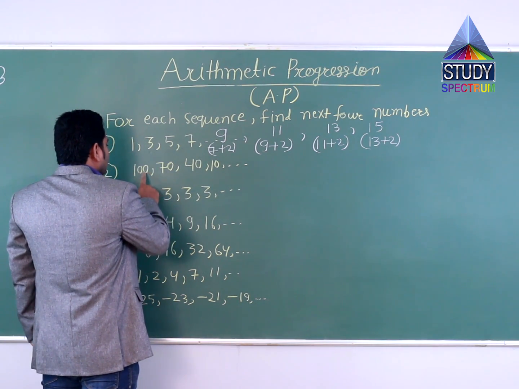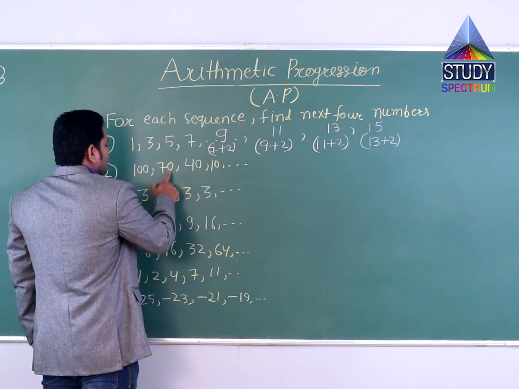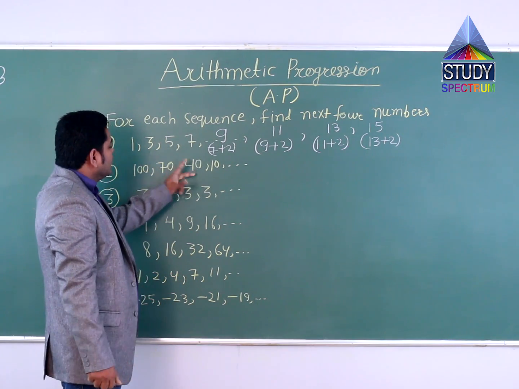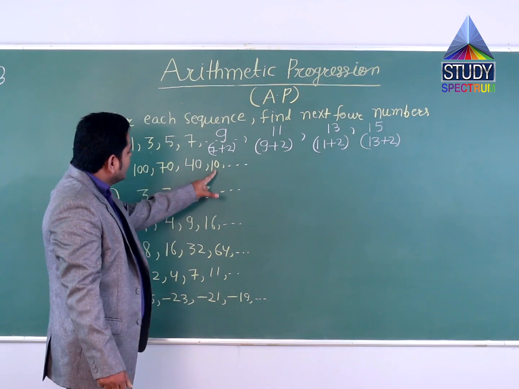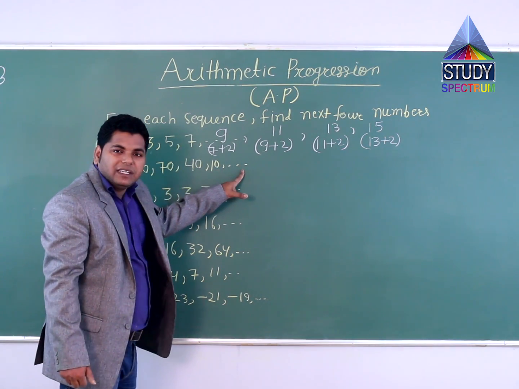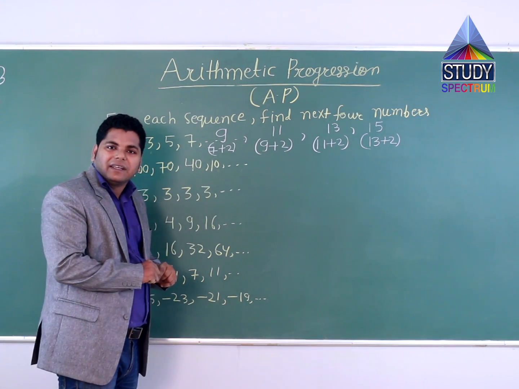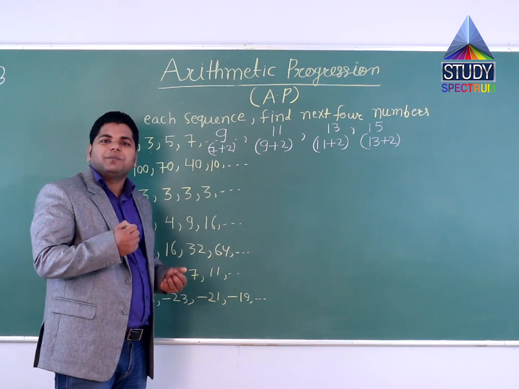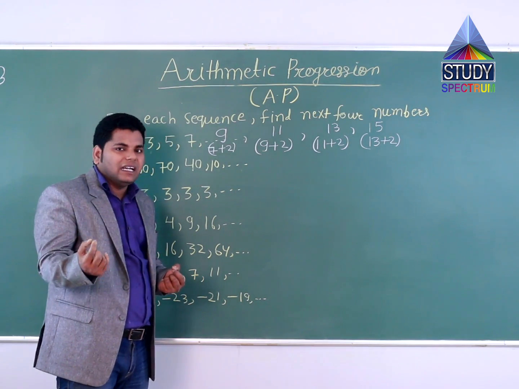So 70 is what? 30 less than 100. 40 is 30 less than 70. 10 is 30 less than 40. So the next term will be 30 less than 10.